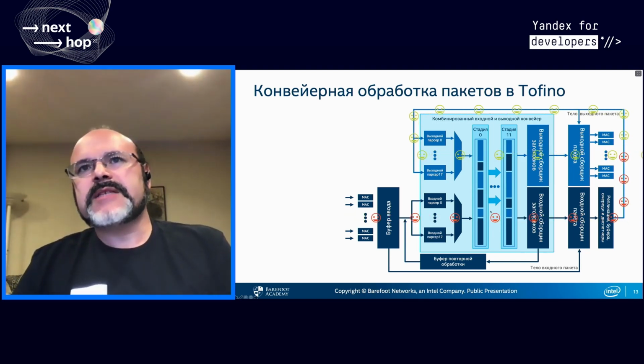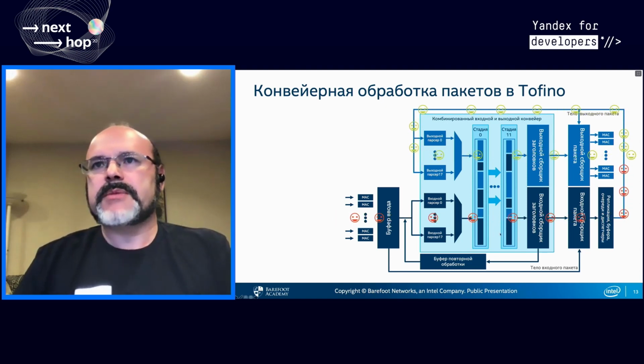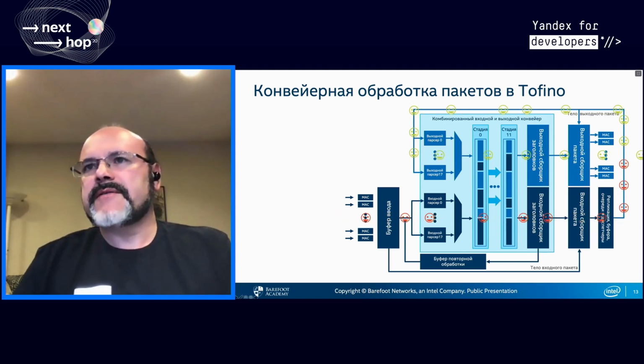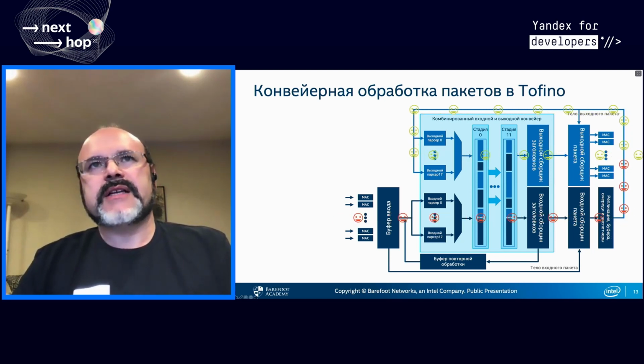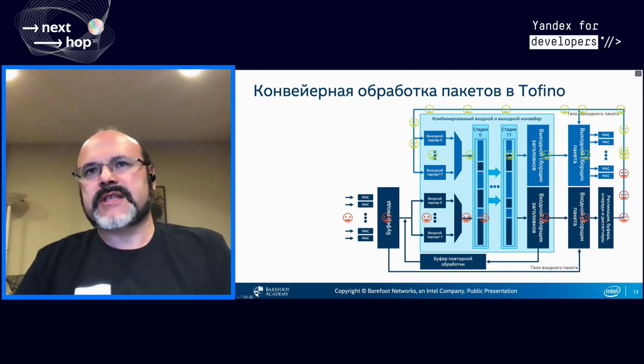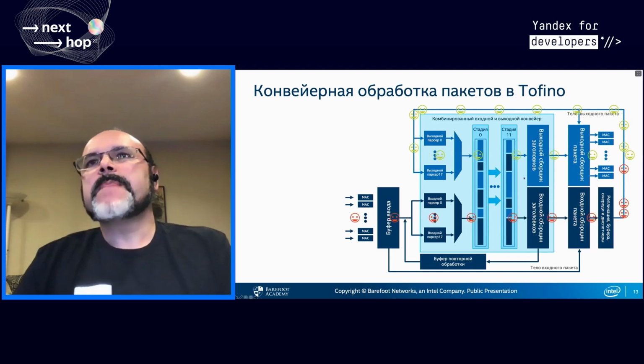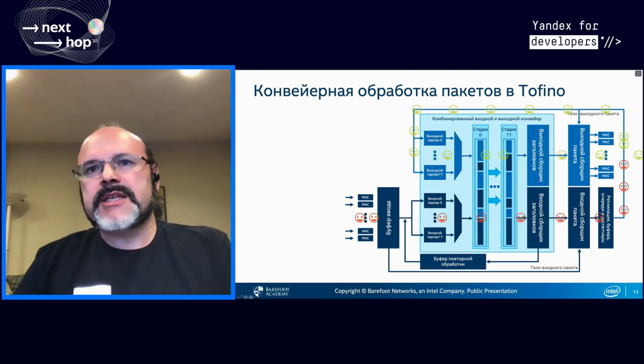And what is important is that those packets only use a part of those resources, those that are designed for input processing. And then this data is bufferized and goes to the output pipeline where there are passes. And then this data goes through the same stages, but the color of the resources is different. They are light green here.